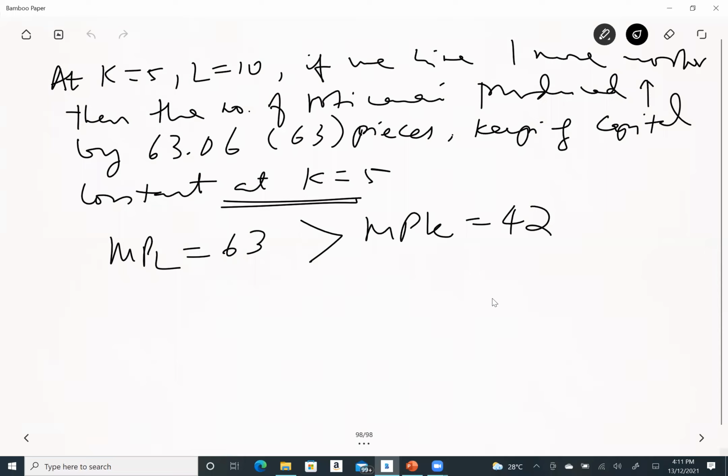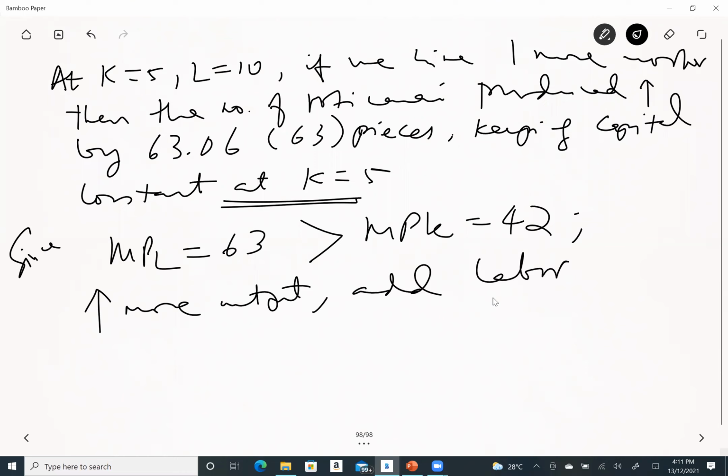But if you increase capital by one more unit, roti canai increases by only 42, which is smaller. Since the MPL is bigger than the MPK, to increase more output, more roti canai, what do we do? We add labor rather than adding capital.